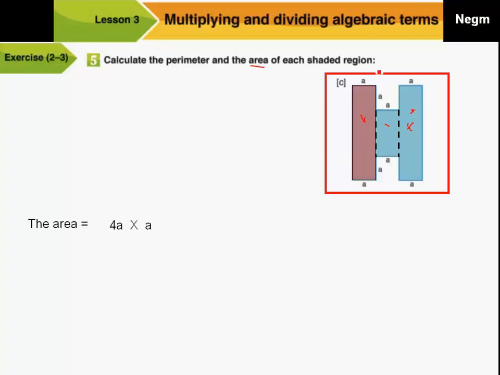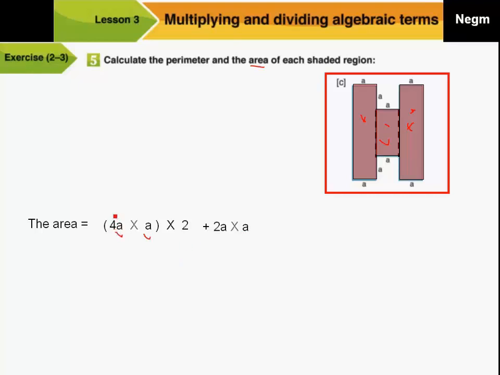The area will be the length 4a times the width a, and we have another rectangle which has the same area as the first one, so we can multiply this area times 2 plus the area of this rectangle which has a length of 2a and width a, so plus 2a times a.